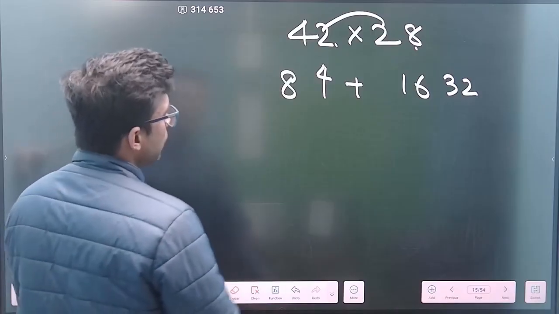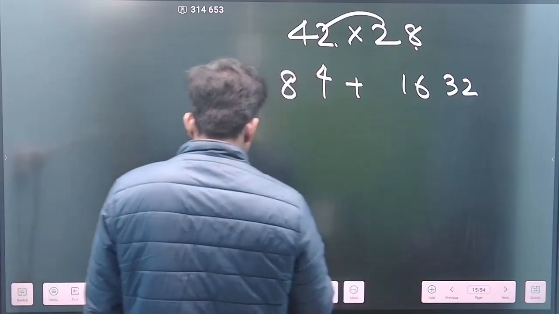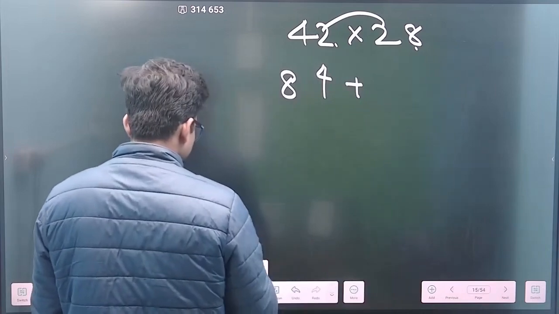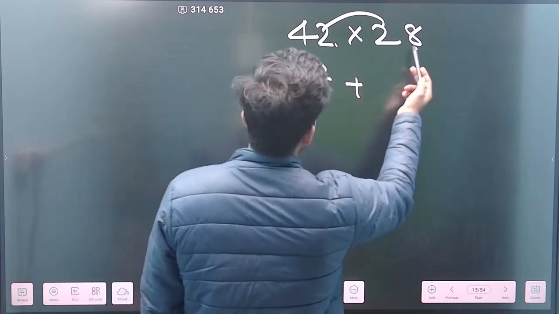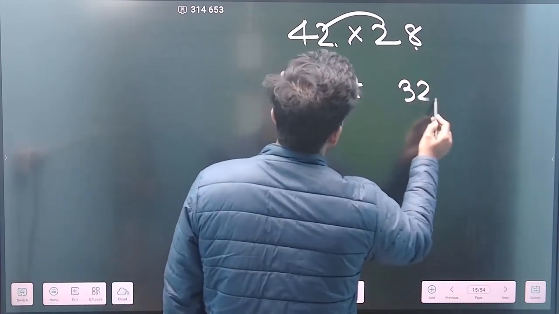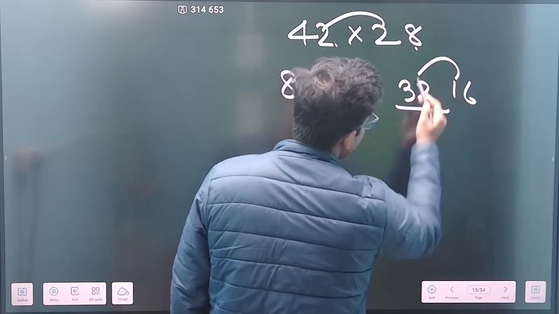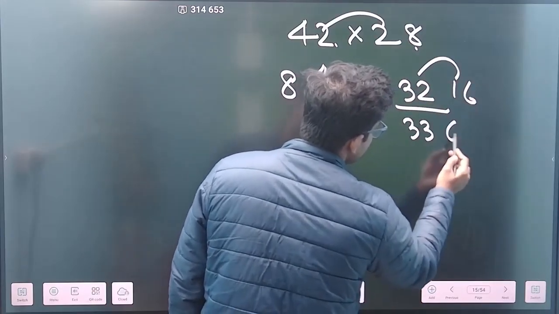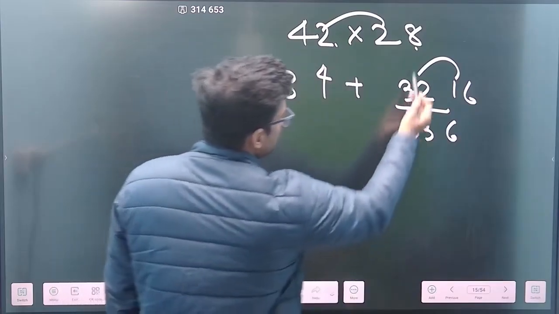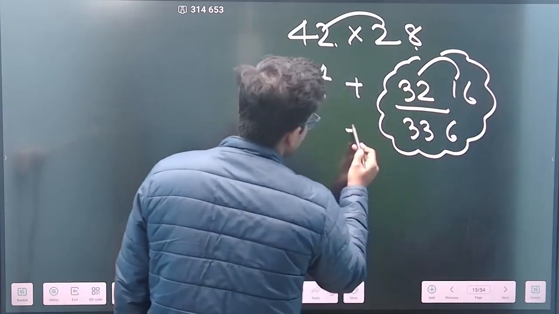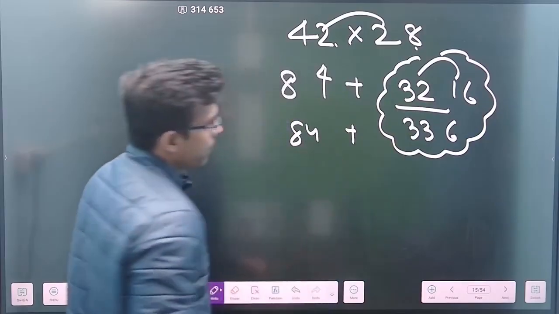Now this whole number becomes what? If you want to understand in a clear way, you can also write 8 2s are 16, 8 4s are 32 plus 16. Now 16 will give 1, this 1 will go here, becomes 33 and this becomes 6. This part should be clear to all of you first, then plus 84, correct?